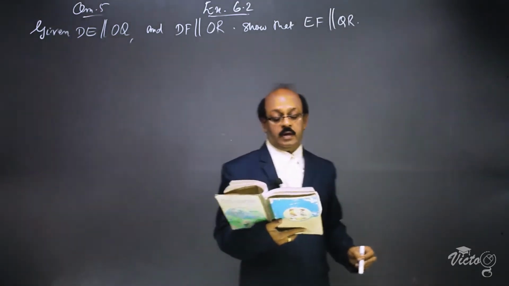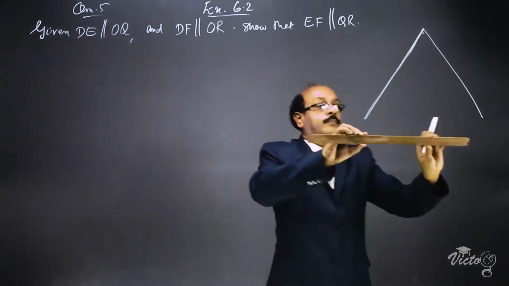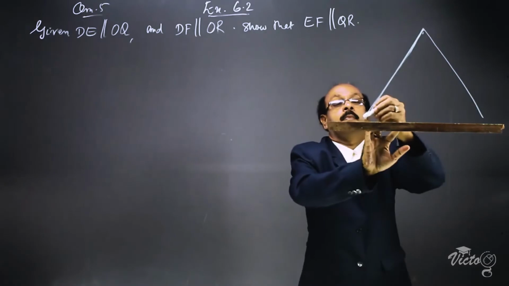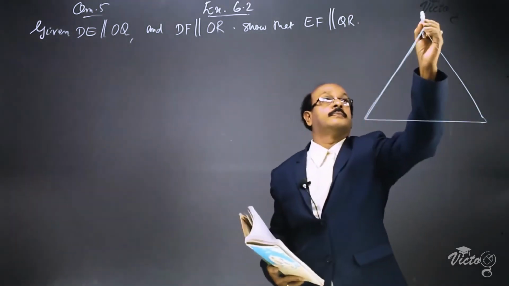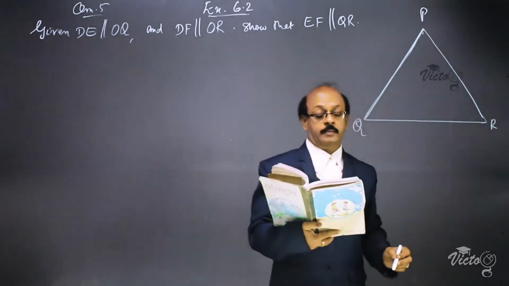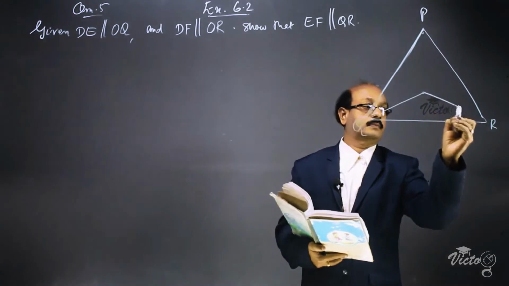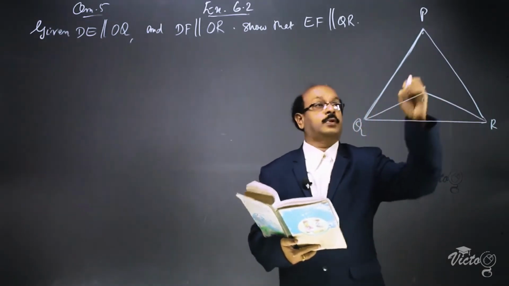The figure given is triangle PQR, and this is the point O. Now joining PO.